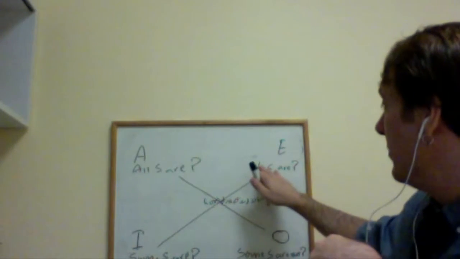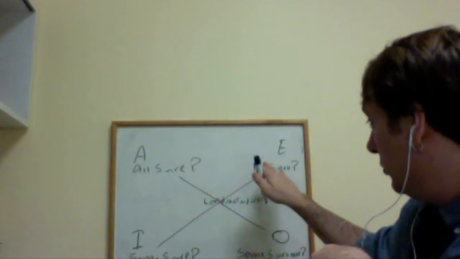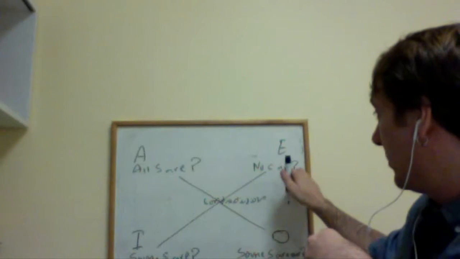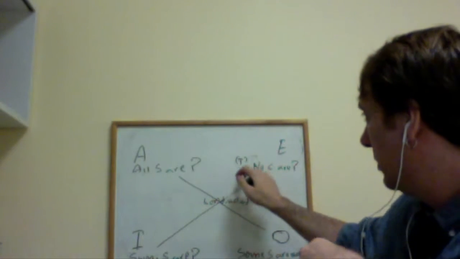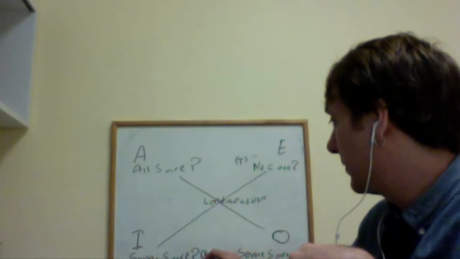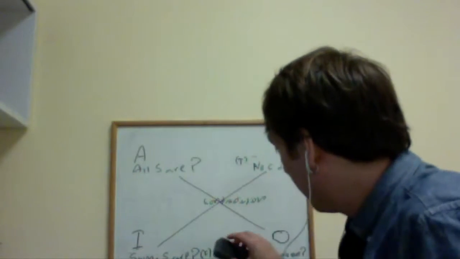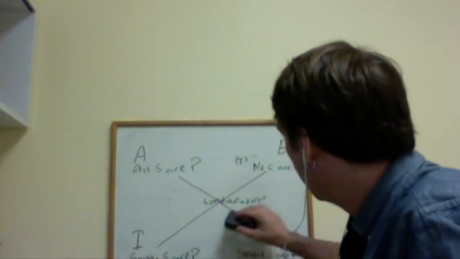So if you know that no dogs are reptiles, if you know that that's true, then it must be false that some dogs are reptiles. It must be false. So the relationship of contradiction goes diagonally.